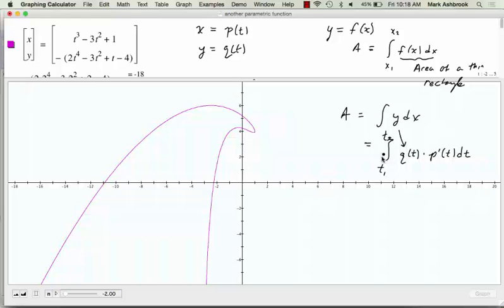Okay, so let's look on this curve. Let's say we wanted to find what this integral would represent.